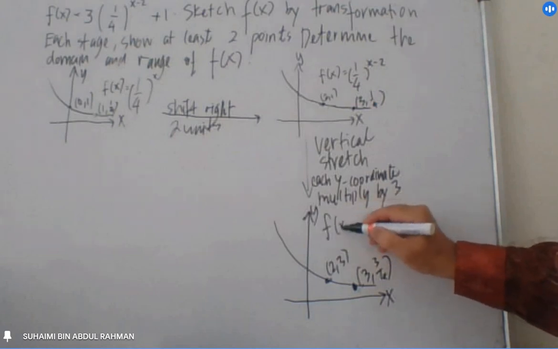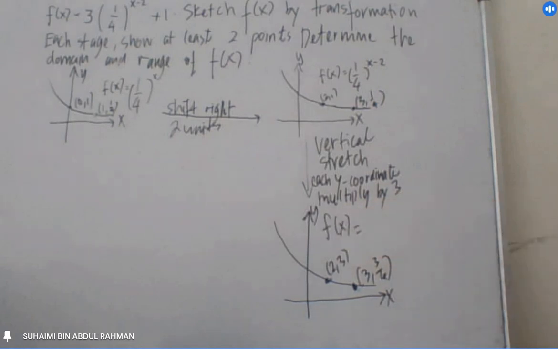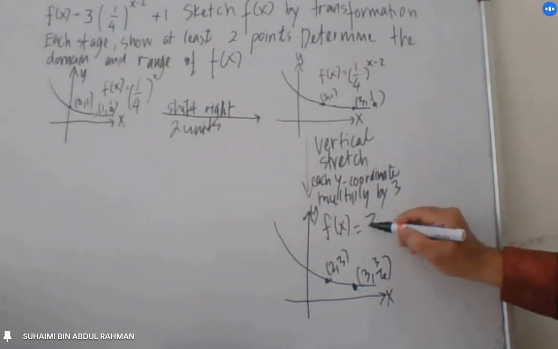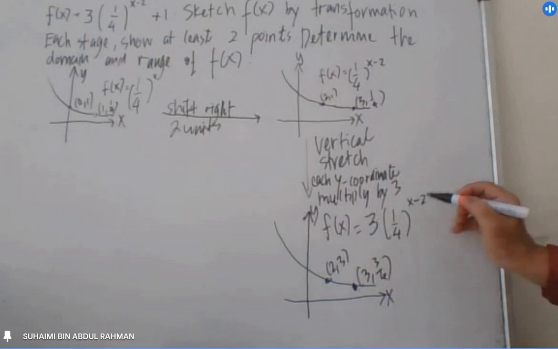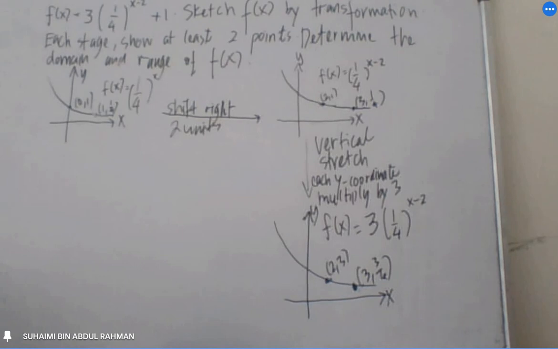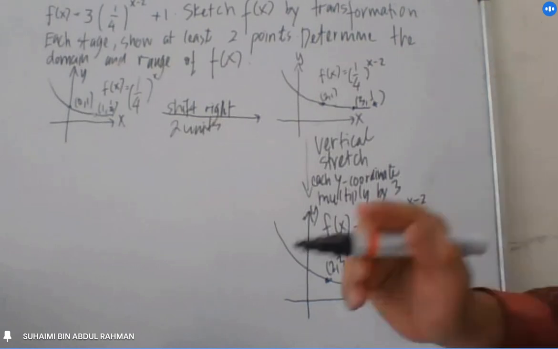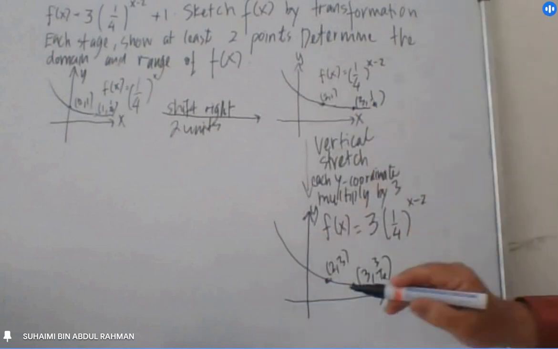And our new function, what is the new function? 3 times 1/4 to the power of x minus 2. Exactly the same as the transformation before.